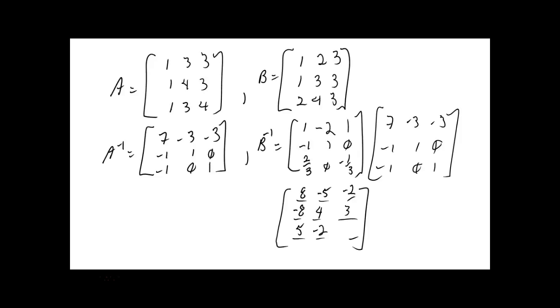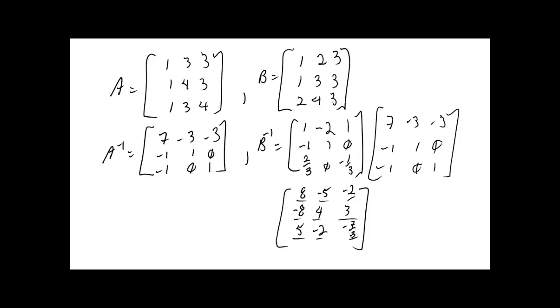Third row, third column: -6 over 3 is -2, plus 0, minus 1/3. That would be minus 2 1/3, which is minus 7/3. Oh, I thought we were going to get by with no fractions. But fractions are numbers.